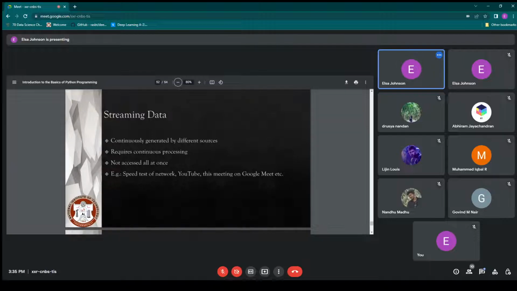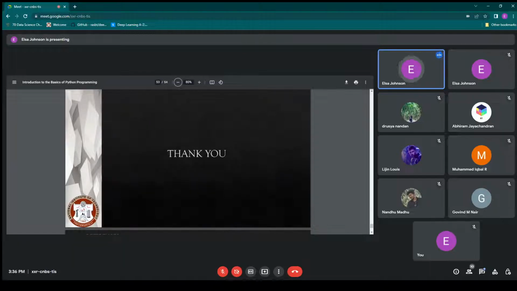Other examples are live stream analysis of a camera in a parking lot, or mask detection stream data that has been used in China, where you find out whether a person is wearing a mask or not. These are the different types of data structures.